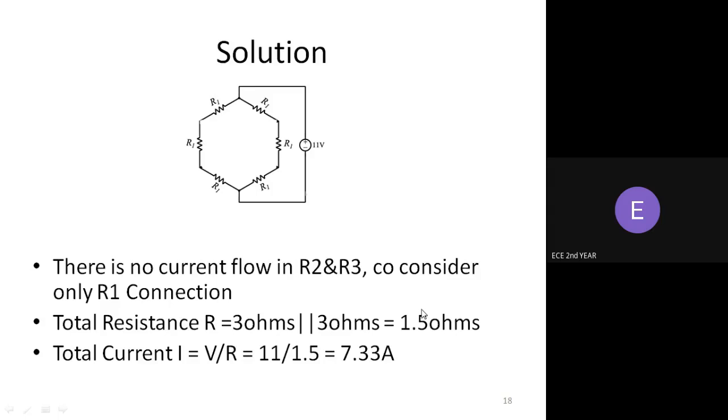The total current I is equal to voltage V by resistance R. So 11 divided by 1.5, the voltage value is 11 and the total resistance value is 1.5, is 7.33 ampere. So the total current flow through the circuit is 7.33 ampere.